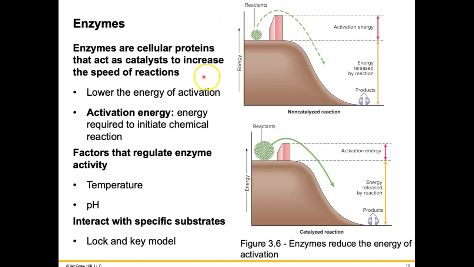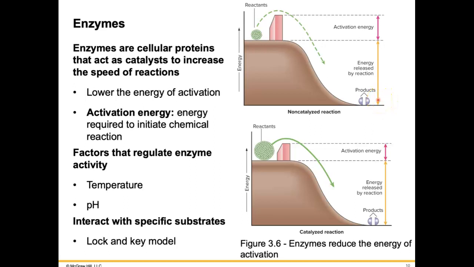When a reaction takes place without the enzyme present, there is almost a wall, an amount of activation energy, which is the energy we need to initiate the chemical reaction, and that is larger. The reactant eventually gets enough energy to have the reaction come through and we get our products.